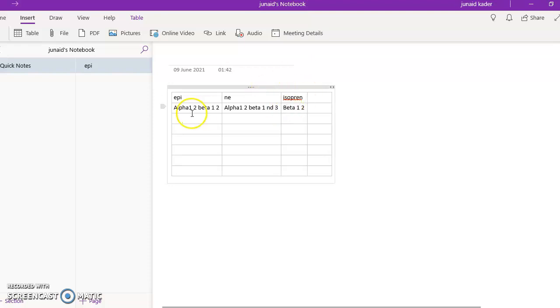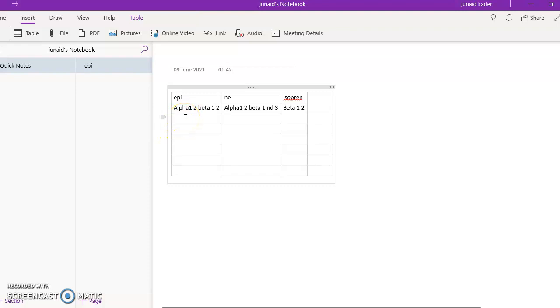Okay, now the properties, because they are acting on alpha 1, 2, beta 1 and 2. As you all know, when alpha 1 is stimulated, it will cause vasoconstriction.